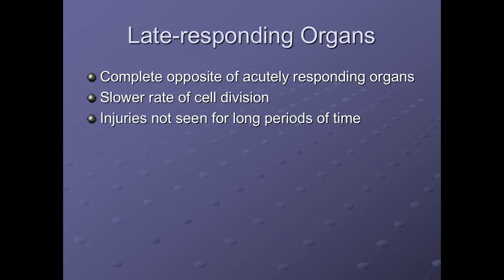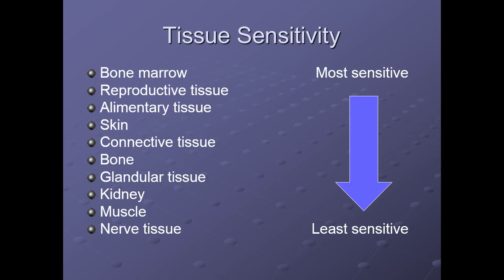So injuries in these types of organs may not be seen for very long periods of time. So you're looking at damage within the lungs and within the kidneys. Considering all these factors, you can see now with this list of radiosensitivity, with bone marrow at the top and nerve tissues at the bottom, how that list from the ICRP has been established in terms of radiosensitivity.